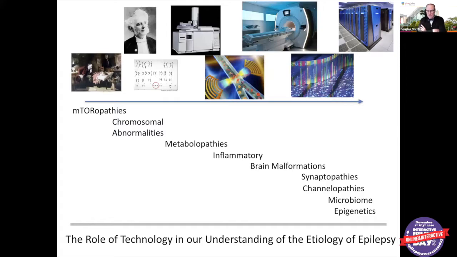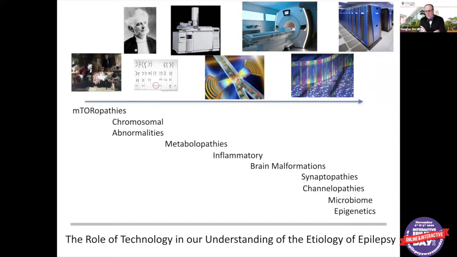So what's happened is that technology has driven our understanding of the causes of epilepsy from the 1800s, where it was just history and physical, to chromosomal analysis. The guy above the chromosomal analysis is Professor Down, the person who described Down syndrome. And then we went to things like mass spectrometry, which I spent a lot of time training on when I was in college, to cell sorting, which we started to use when I was in medical school, to advanced MRI imaging, to next generation sequencing.